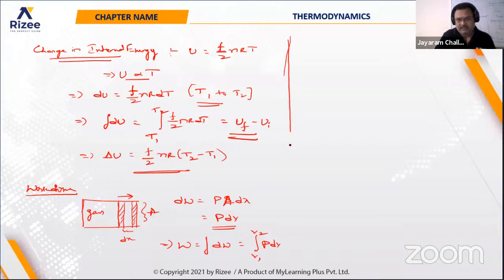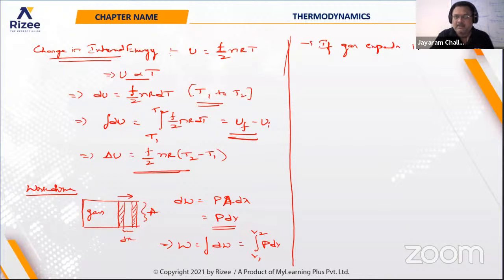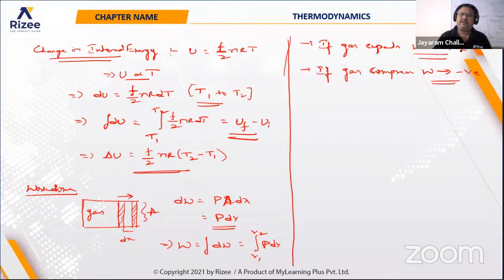Now for the work done conditions: if the gas expands, then work done is positive. If the gas compresses, then work done is negative. These are the major things we need to remember.